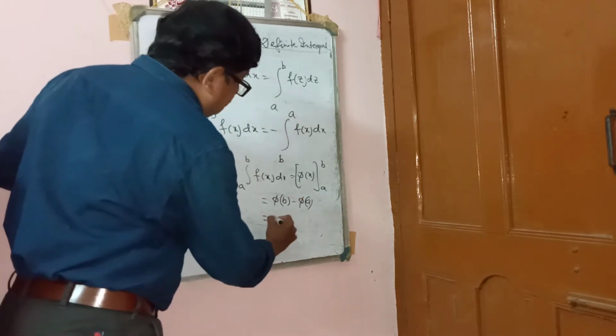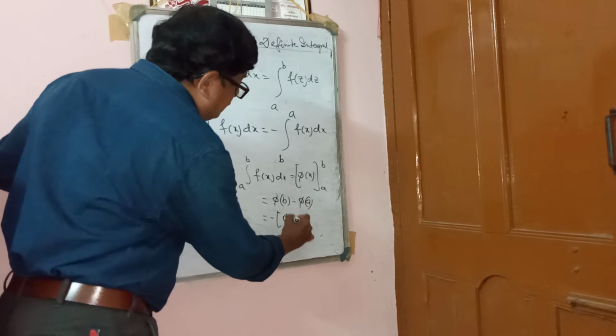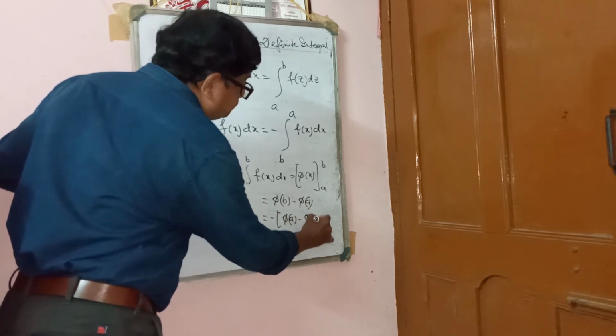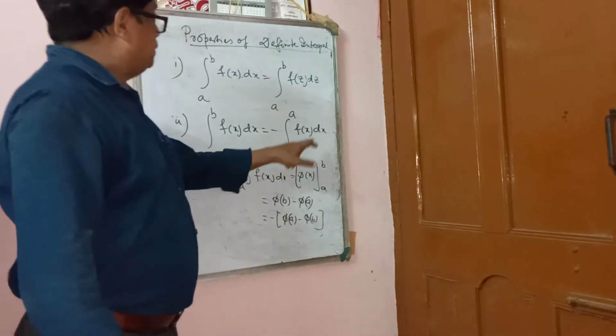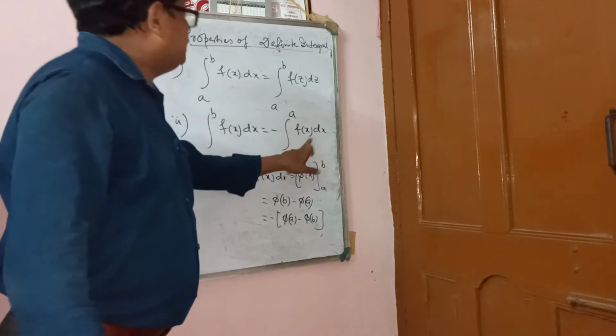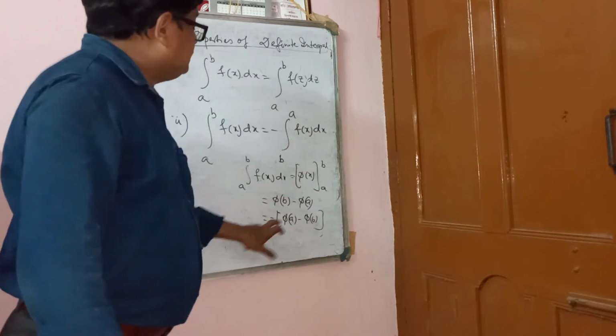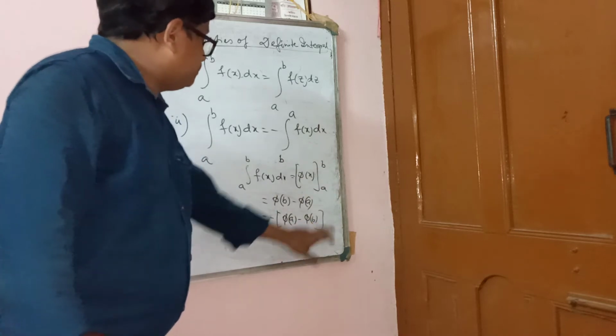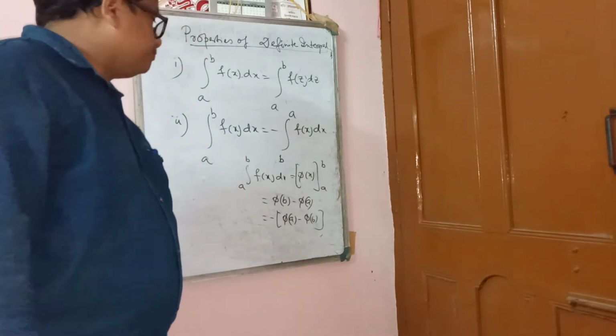Taking minus common, we get minus of phi a minus phi b, which is b to a. So phi a minus phi b.